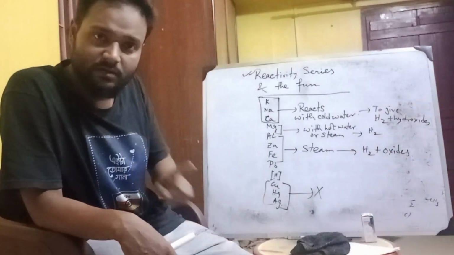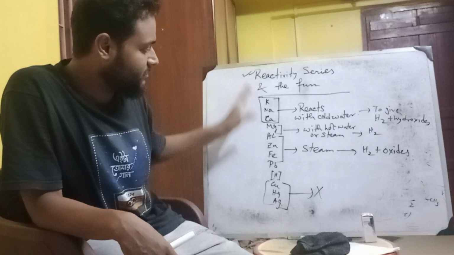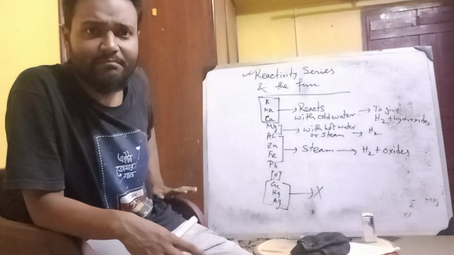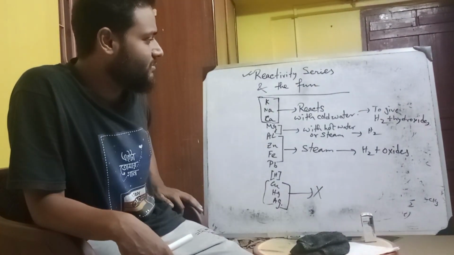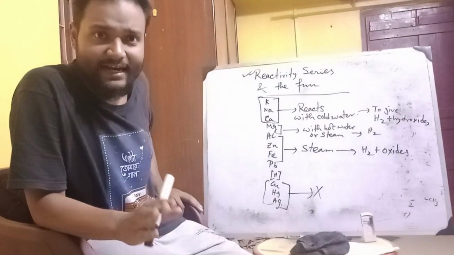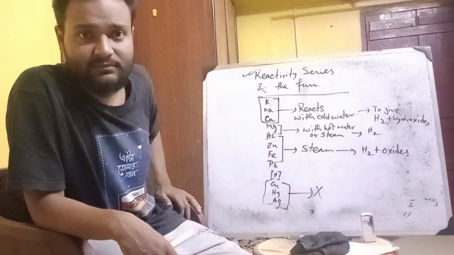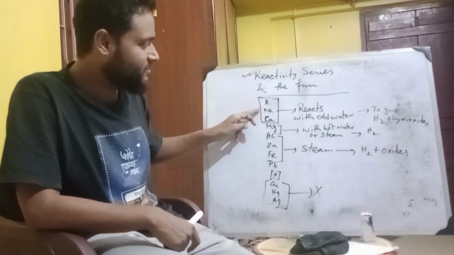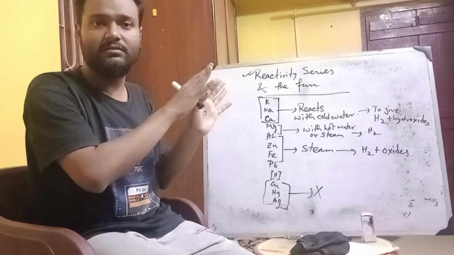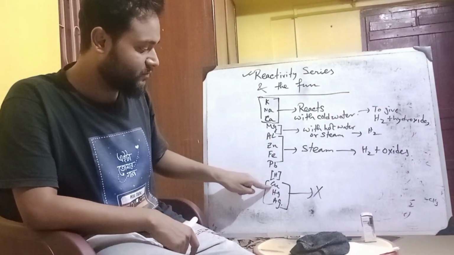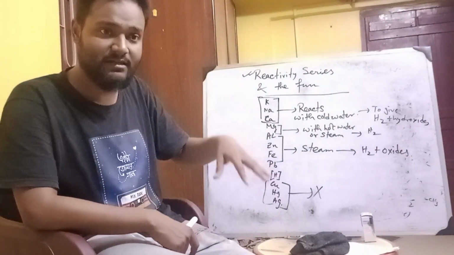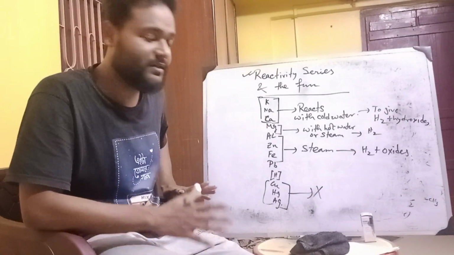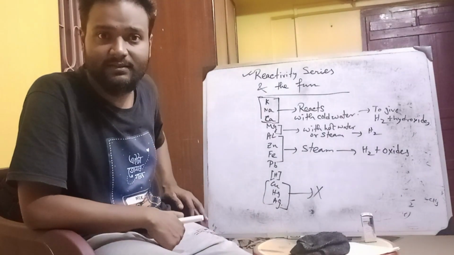So none of these metals are completely inactive; they are active in their own way. Like our students, potassium, sodium, calcium are good in study, but copper, mercury, silver also have some uses, some useful characters in this part.